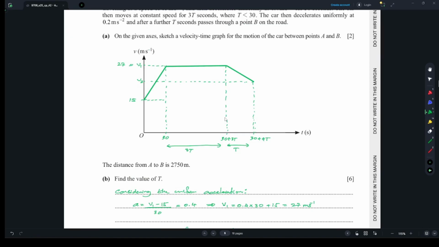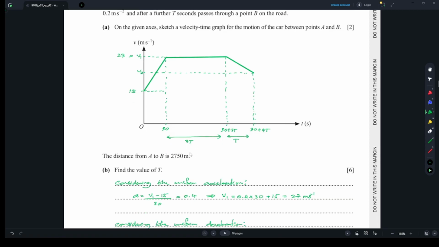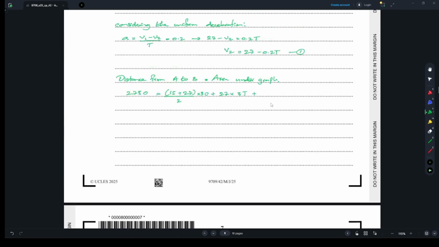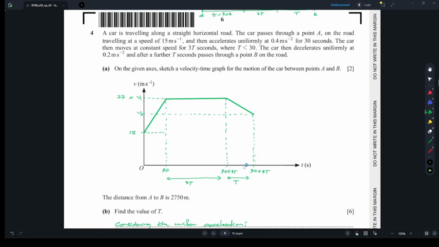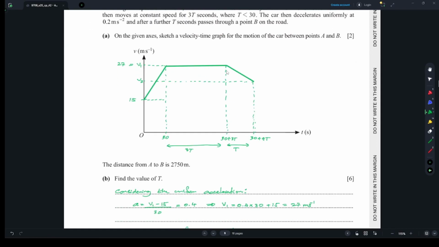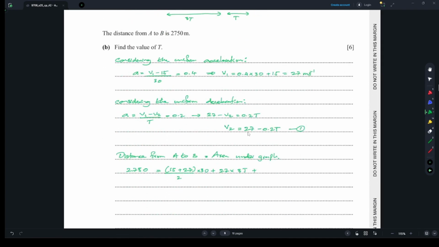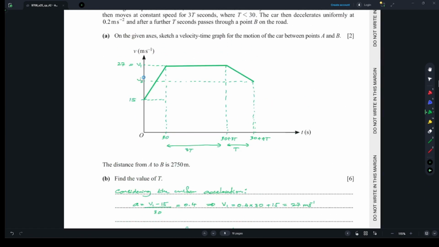then here this uniform velocity region. In there the height is 27 and the width, let's say, is 3t. So 27 times 3t, plus this small trapezium under deceleration motion. Here one parallel line is 27 and the shorter one is v2, which is 27 minus 0.2t.